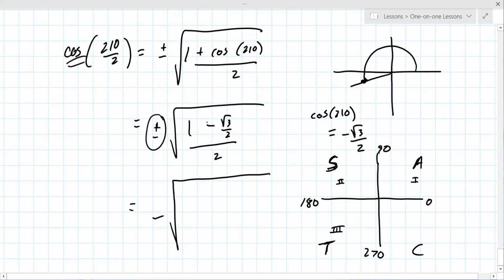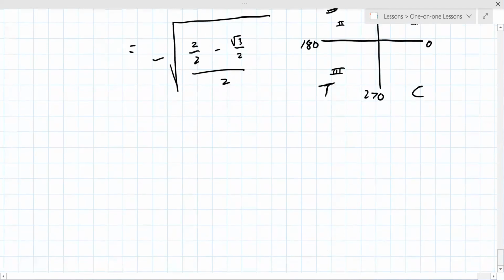Now, inside the parentheses, this is really 1 over 1. So what's the common denominator on the top? 2. So it's 2 over 2 minus square root of 3 over 2, all over 2. This becomes minus square root of (2 minus square root of 3 over 2), all over 2.